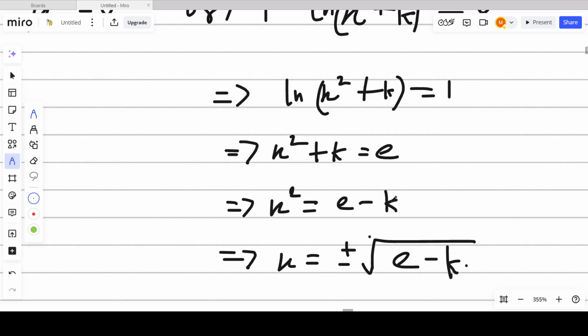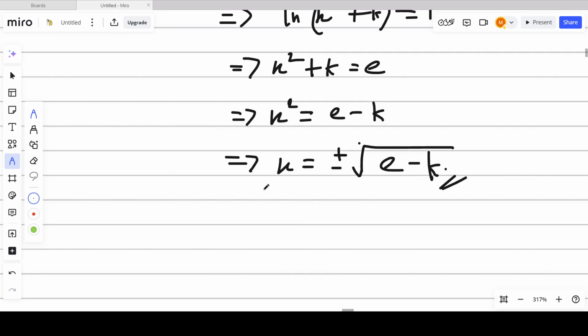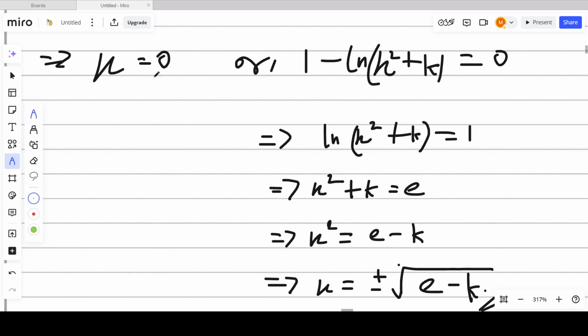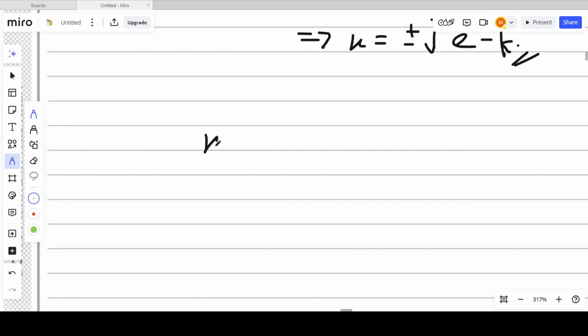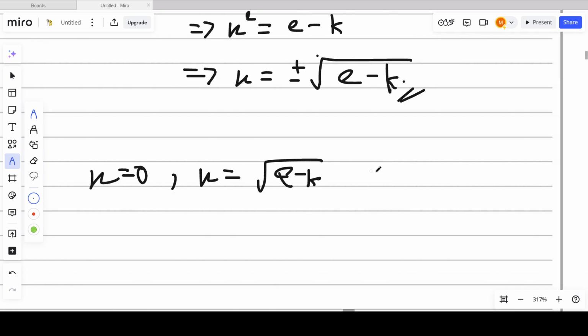These are the three values for the turning points of the curve y: x equals 0, or x equals positive square root of e minus k, and the other one is x equals negative square root of e minus k. That is it.